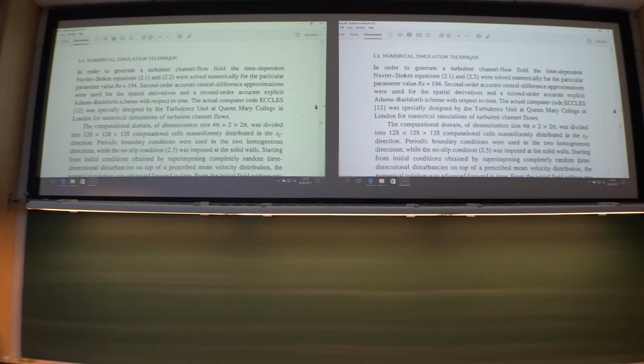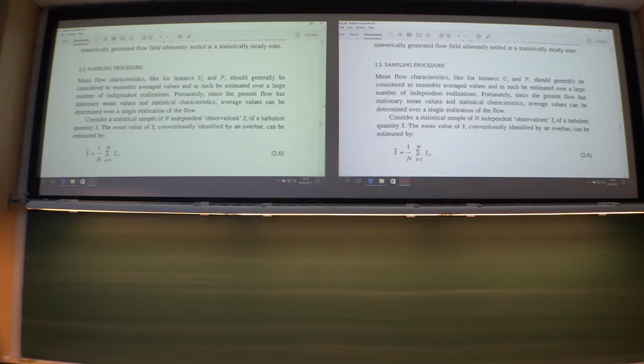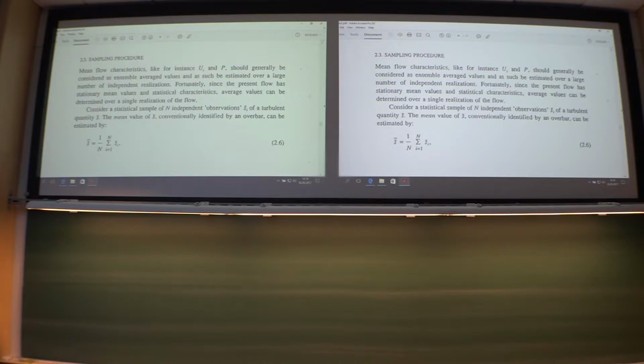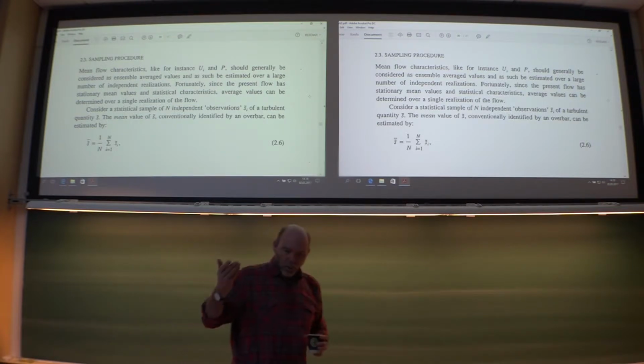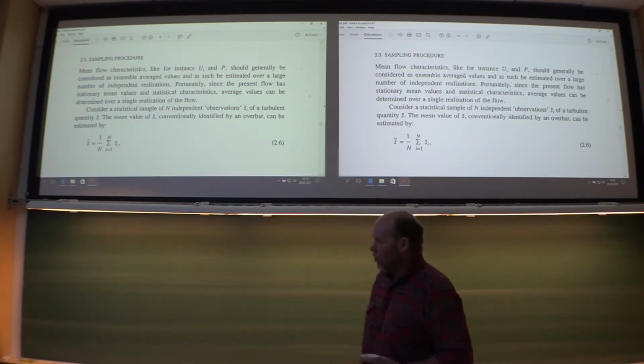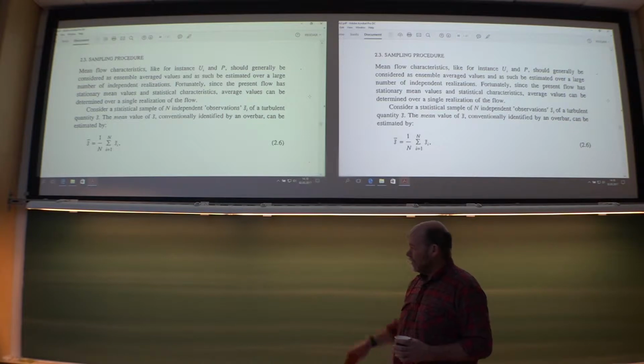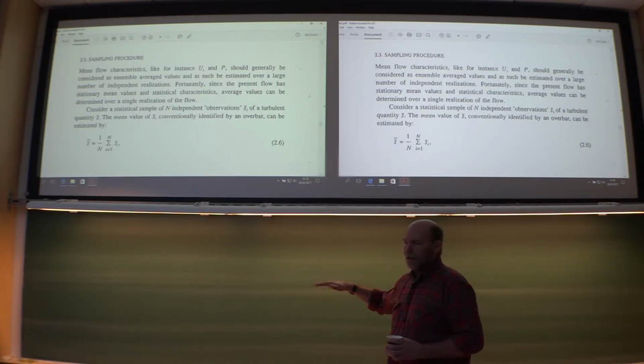So here it's a question now of obtaining good statistical results. So we are focusing on the sampling procedure. As I said, we have basically a one-dimensional problem. So you have functions varying from wall to wall. So you can take an average for every plane.